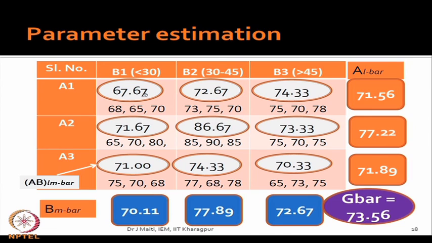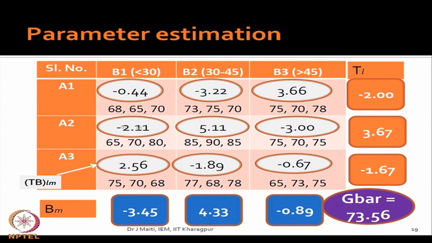That means 67.67 minus this. This way you will be able to get. Now, see what is happening. You are getting everywhere the tau_l, beta_m and tau beta_lm. These are the parameters. Apart from this, what more do you want? You want to calculate the error component also. Error component is also your parameter.